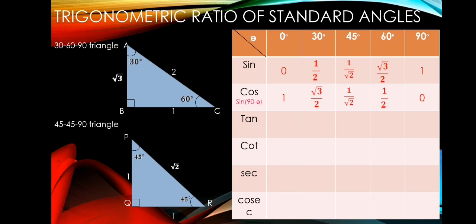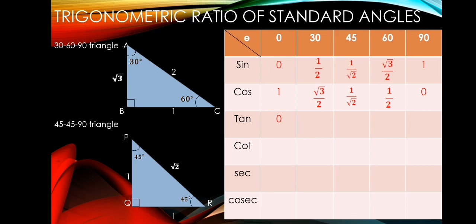Now next one is tan. We know the formula that tan theta is equal to sin theta upon cos theta. Correct? So with the help of the above two rows, we can find out tan values.